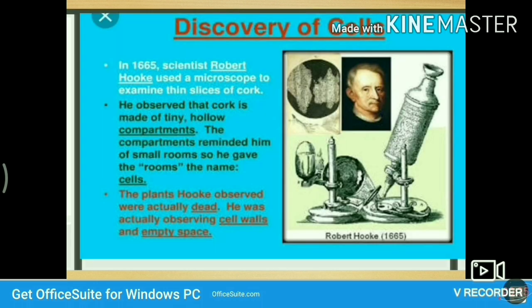Discovery of cell. In 1665, a scientist named Robert Hooke used a microscope to examine thin slices of cork. He observed that cork is made of tiny hollow compartments. The compartments reminded him of small rooms, so he gave them the name cells.